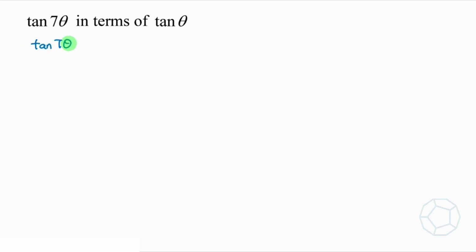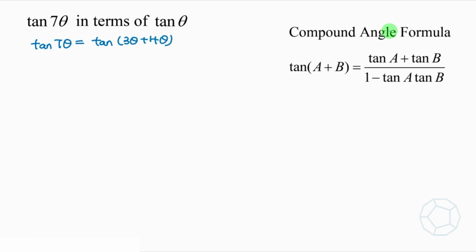Lastly, for tangent 7 theta is equal to tangent 3 theta plus 4 theta. By compound angle formula again, we have tangent 3 theta plus tangent 4 theta over 1 minus tangent 3 theta tangent 4 theta.